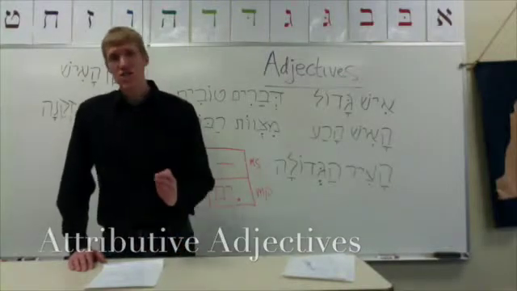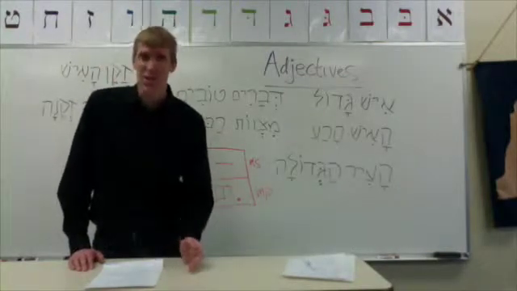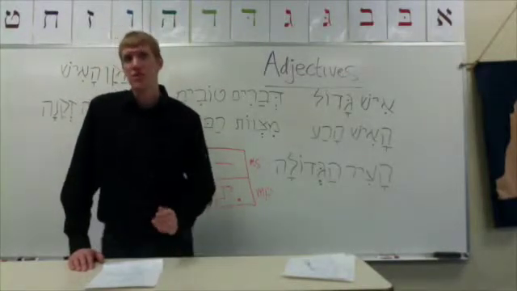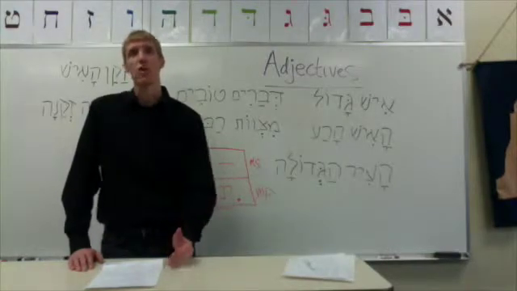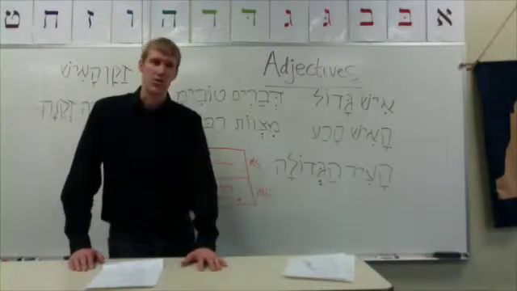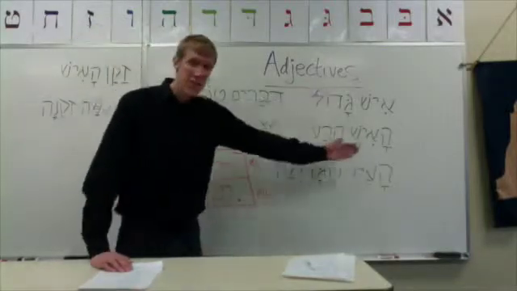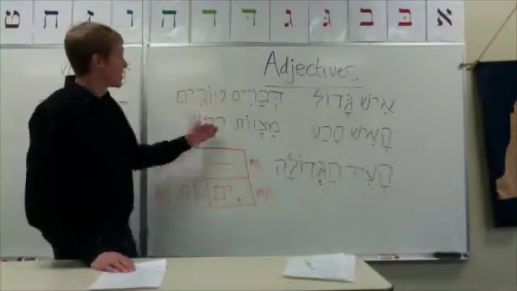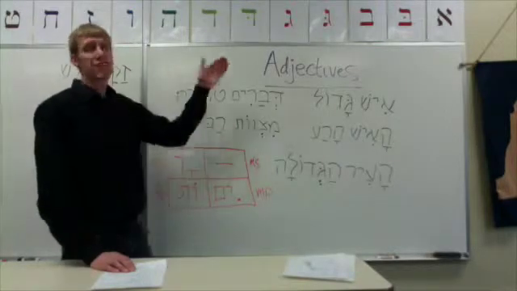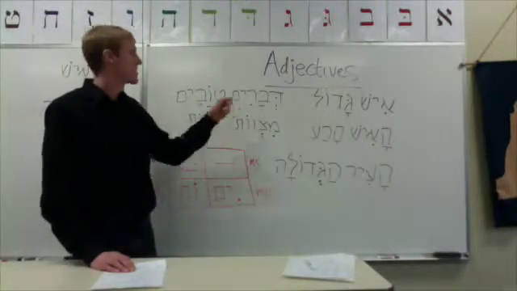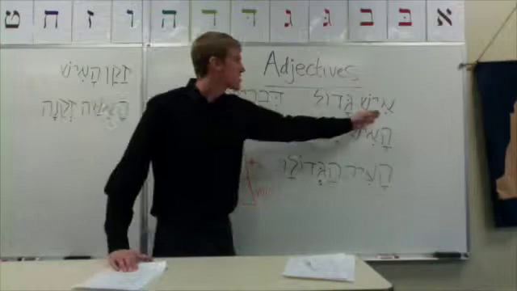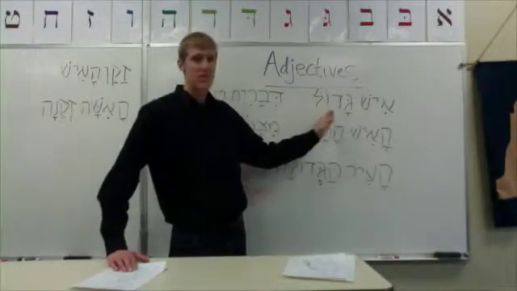First, in general, not every time, but in general, attributive adjectives in Hebrew will come after the noun that they modify, right? So you see here, in every example, the adjective follows the noun it modifies. Ish gadol, noun, adjective.